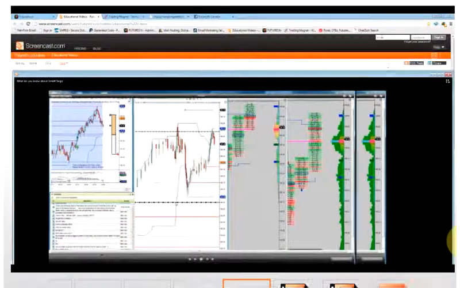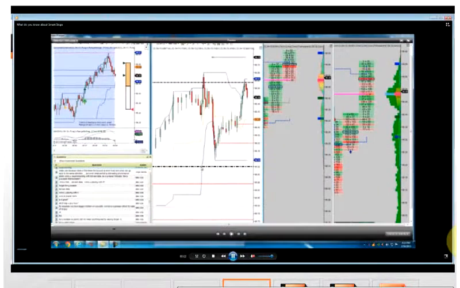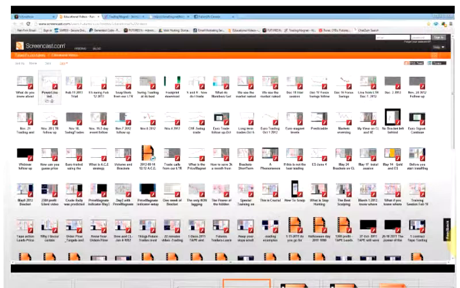Some of the indicators that we have, such as the footprint. You know why this is being offered, you guys, is because it should take 60 to 90 days for you to truly understand and start to see what looks like a bunch of numbers, and to actually be able to identify your risk and your natural support and resistance levels.